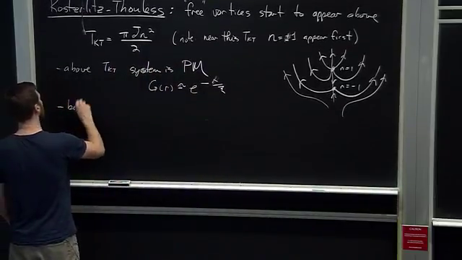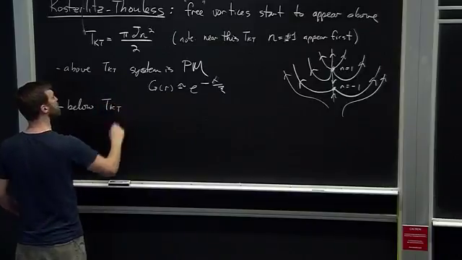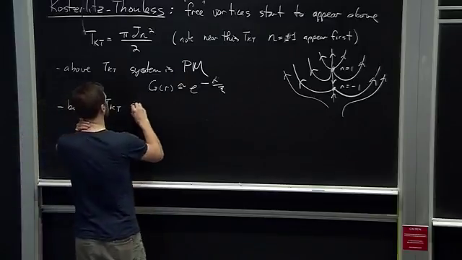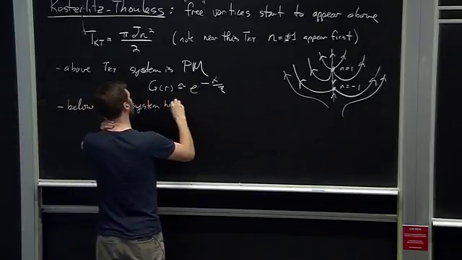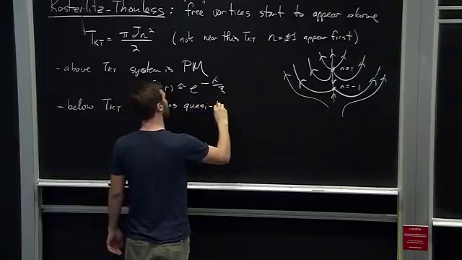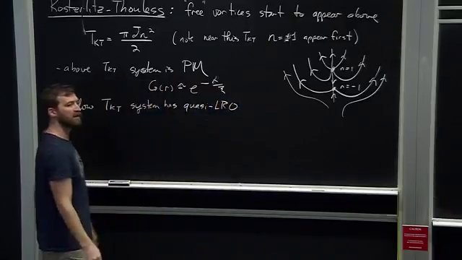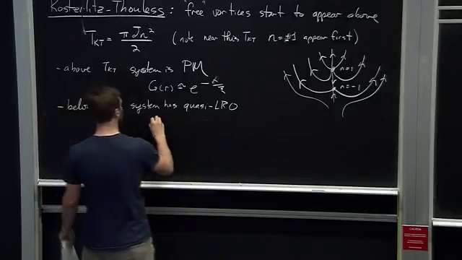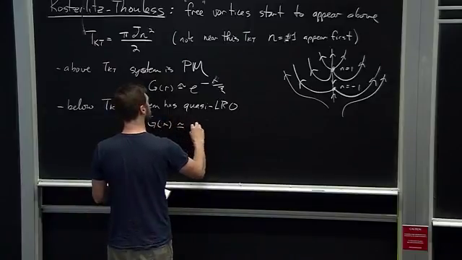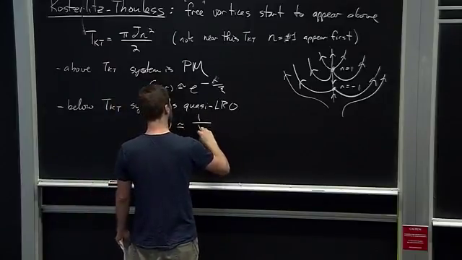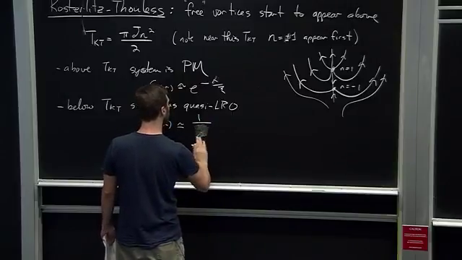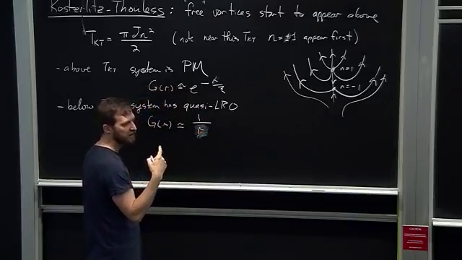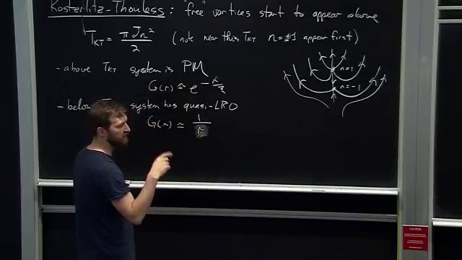Whereas below the Kosterlitz-Thouless transition, we call this quasi-long range order, because it's critical in some sense. And the two-point function looks something like 1 over r to the power d minus 2 plus eta.